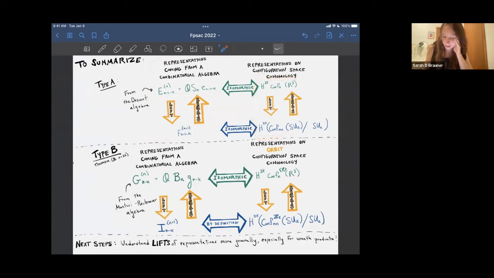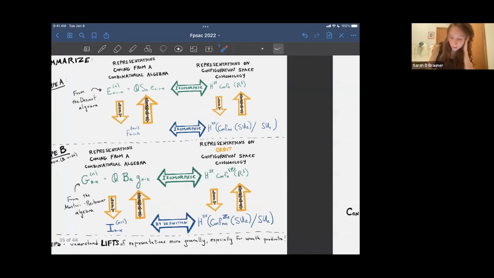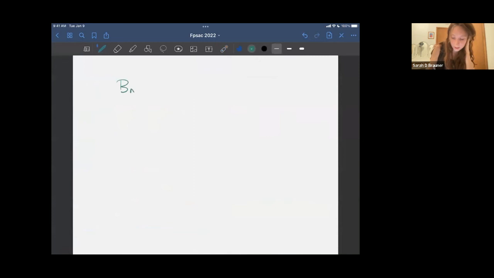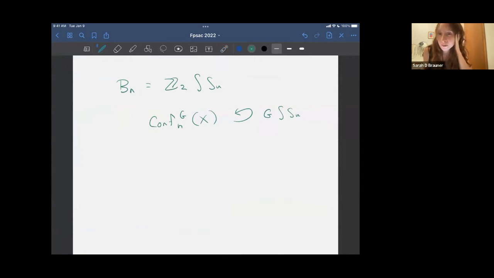When you're thinking about topology and you want a Bn representation on the cohomology, you really want to look at a Z2 orbit configuration space, because I'm really thinking about Bn as the wreath product of Z2 with Sn. So in general, if I have a configuration space like this, I'm going to have an action by G wreath Sn. So that's where the Z2 is coming from.